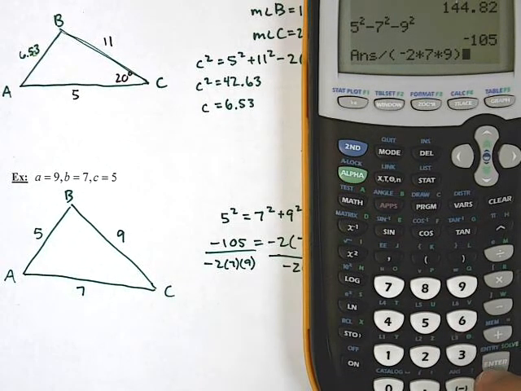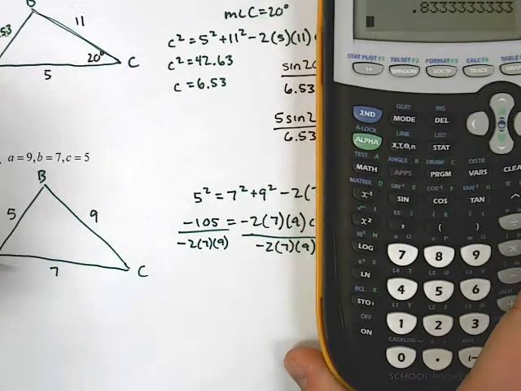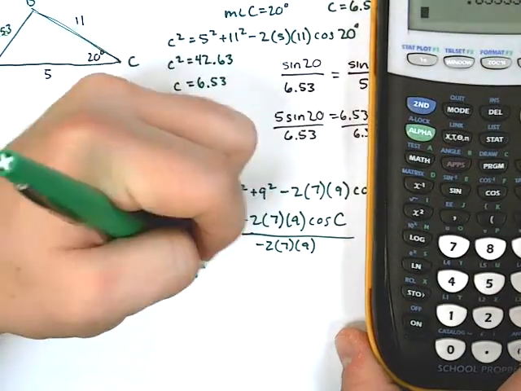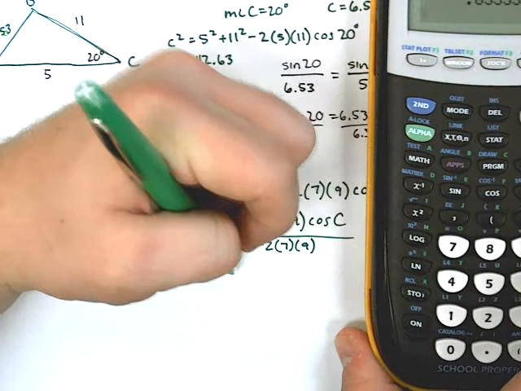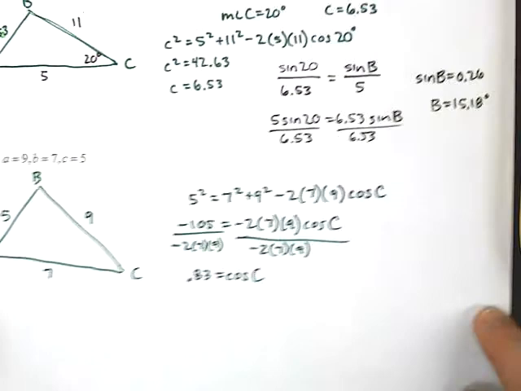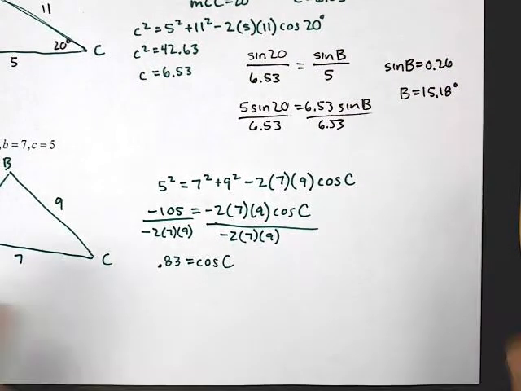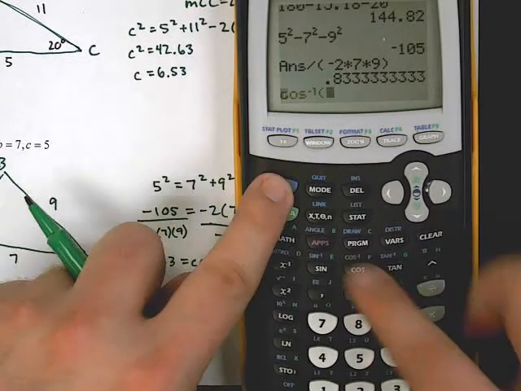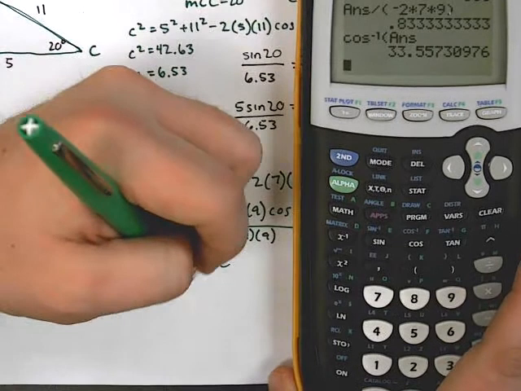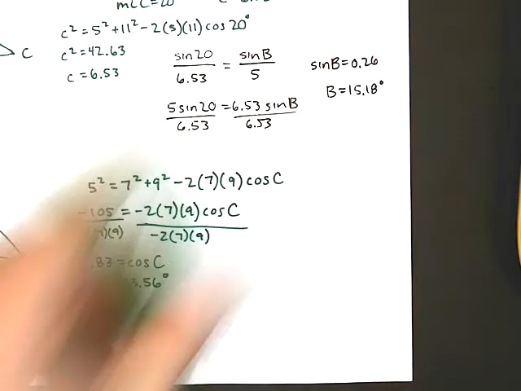Okay, so now I know 0.83 is equal to cosine C. Again, we want the angle from a ratio, so we need to use inverse cosine of our answer, and we get that angle C should be 33.56 degrees.